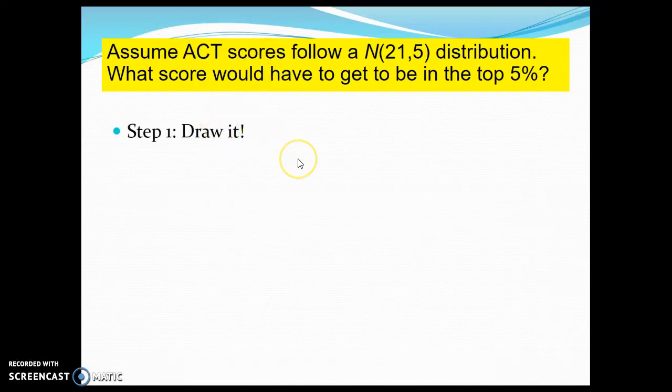So step 1 again is draw it. So let's get our normal distribution there. And now instead of having a specific cutoff, we don't know the value of this like we did in the first type of problem, but we do know that we want the cutoff that would give us that top 5%.